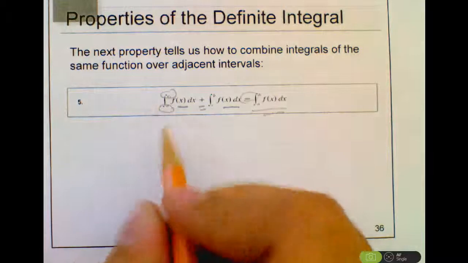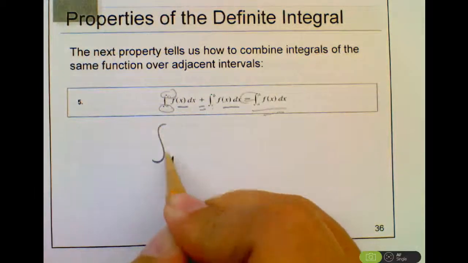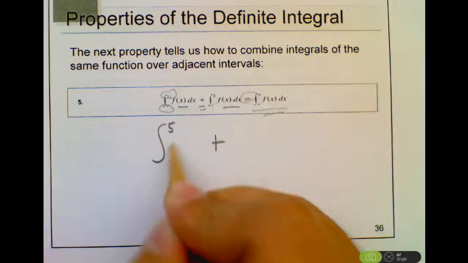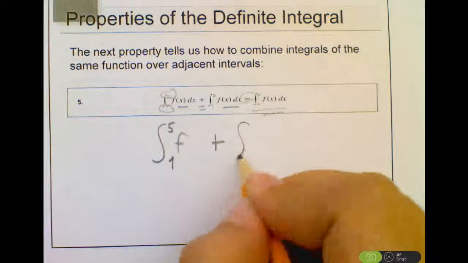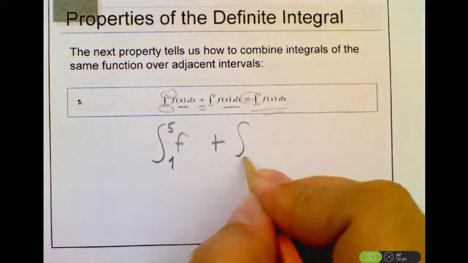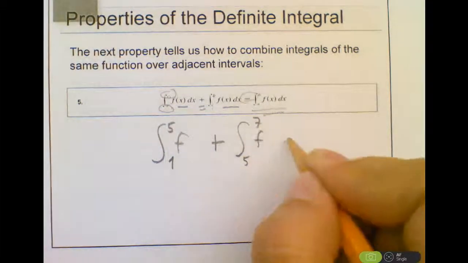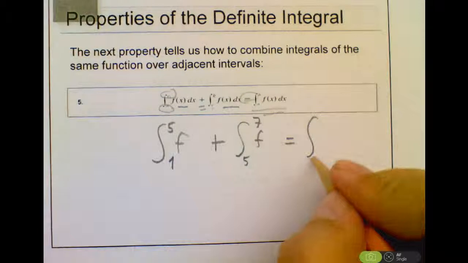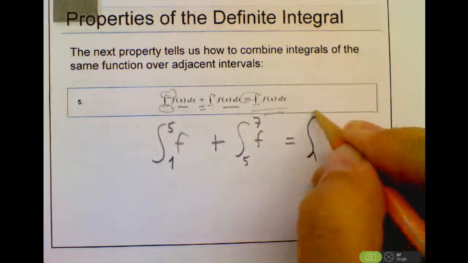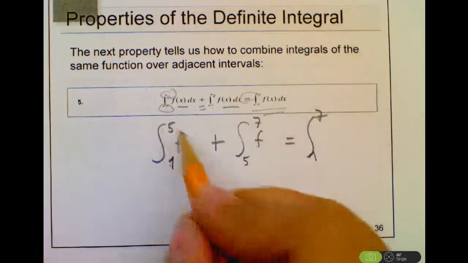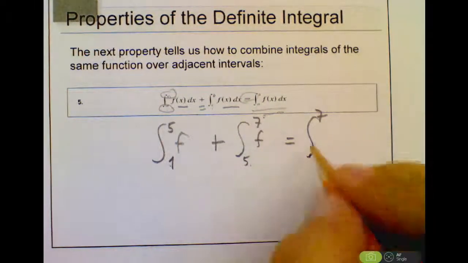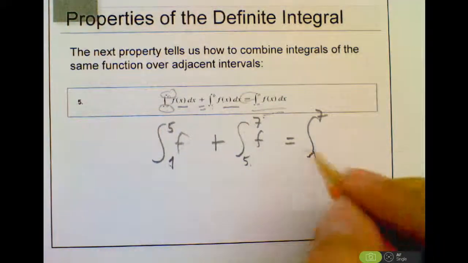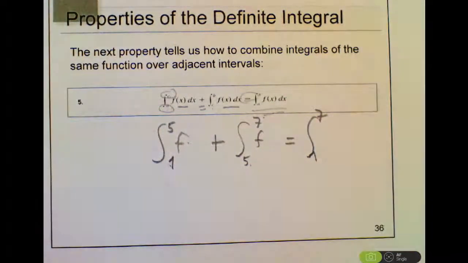Let me just put numbers. So if I'm integrating between 1 and 5, the same function, and I'm adding the integral between 5 and 7 of the same function, that's the same as integrating from 1 to 7. So 1 to 5, 5 to 7, that's the same as 1 to 7. That's not the way we write it, but you get the idea.